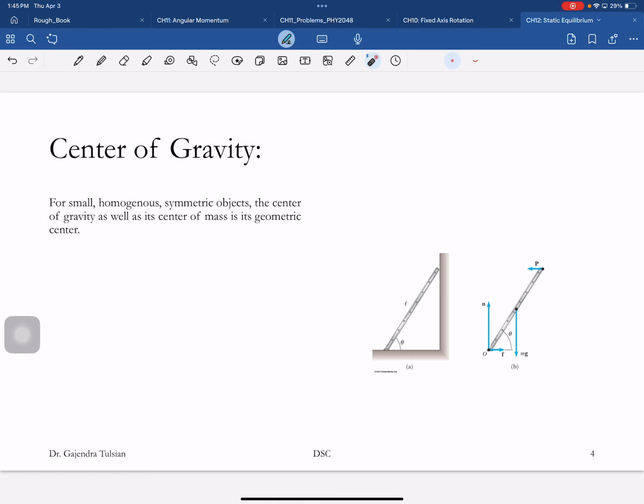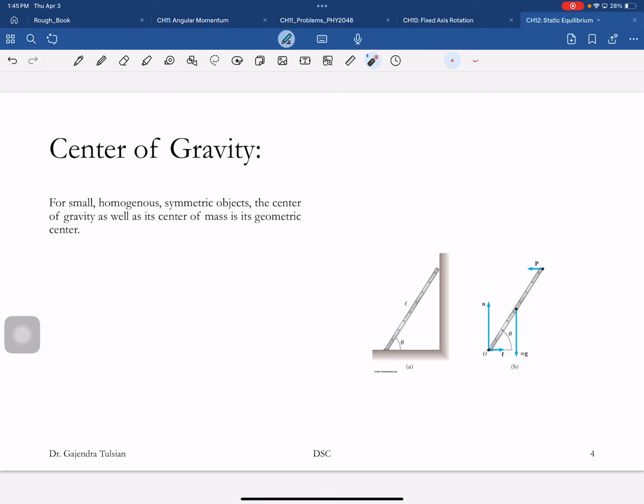So we'll analyze all the forces acting on the ladder. For small homogeneous symmetric objects, the center of gravity, the center of mass, and the geometric center all coincide.